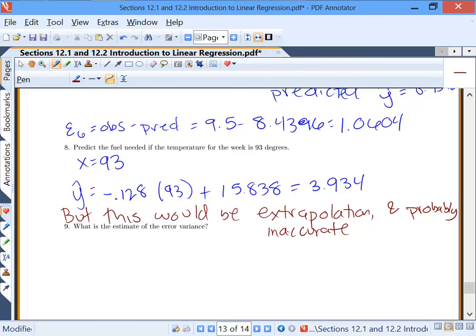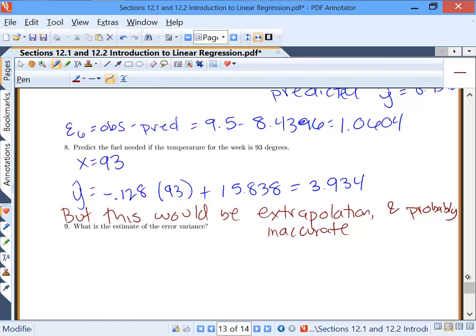And in fact, if I took my temperature up even more to say like 100, not high enough yet. Oh, okay.